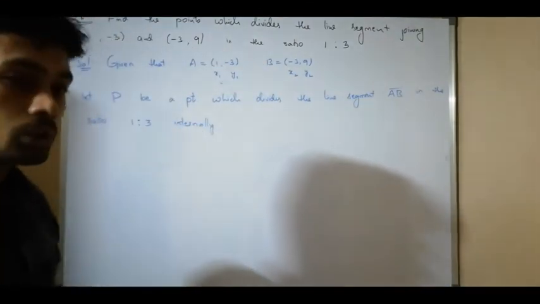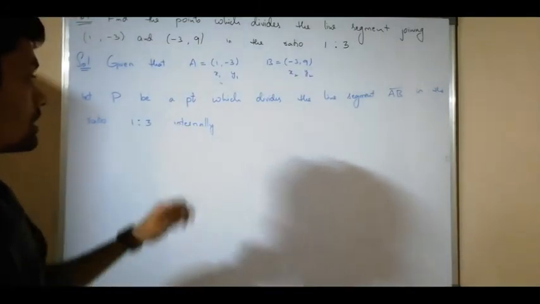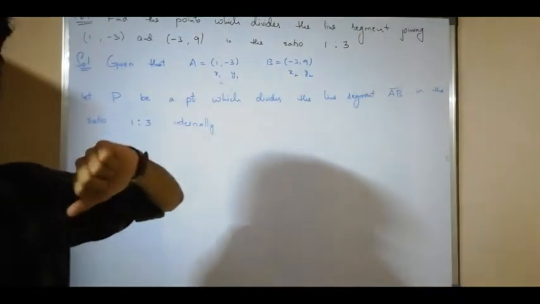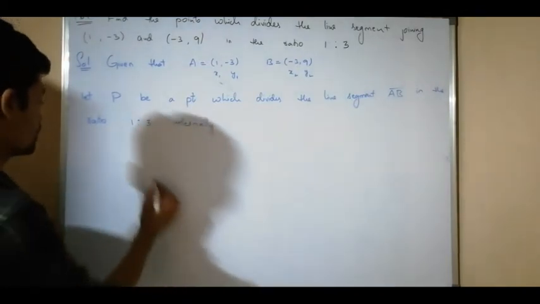So we have to find both the points, internally and externally. So let us take a point P which divides the line segment AB in the ratio 1:3 internally.